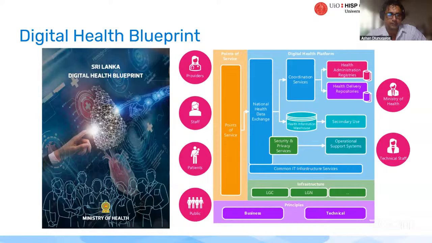So anyone can easily identify what the national vision of digital health solutions is going to be, the standards needed, what the architecture is going to be, and, implementation-wise, what the next things are in the roadmap. All those things are described in this digital health blueprint.